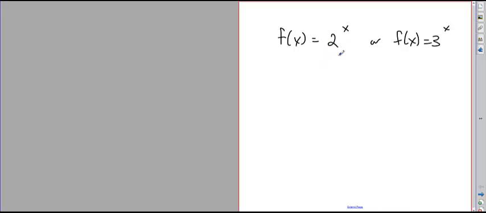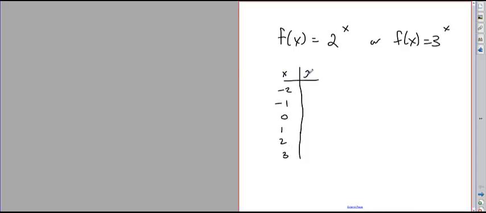is a little harder to deal with, so we're going to just deal with 2 to the x and 3 to the x. And we know how to plot those functions by just picking x values. Now for 2, we can go all the way to 3.